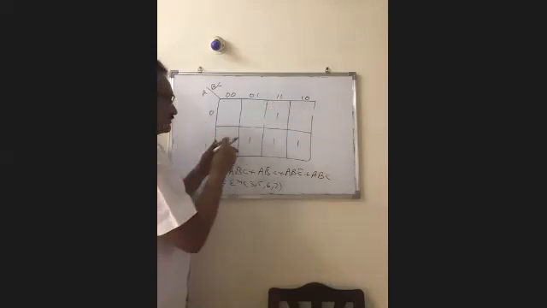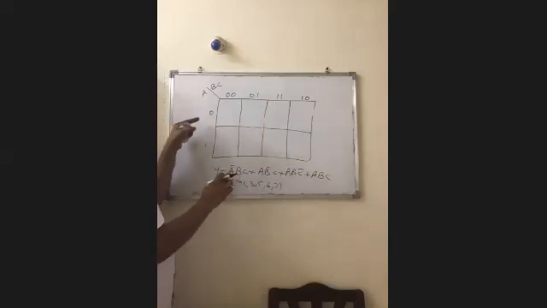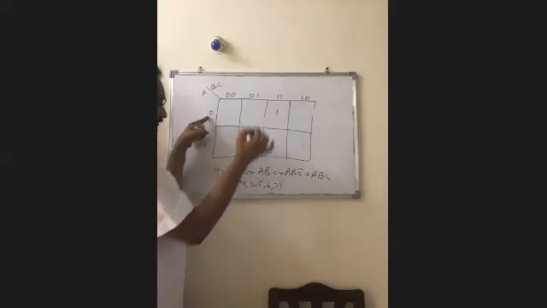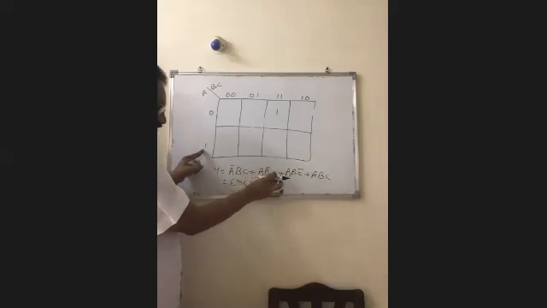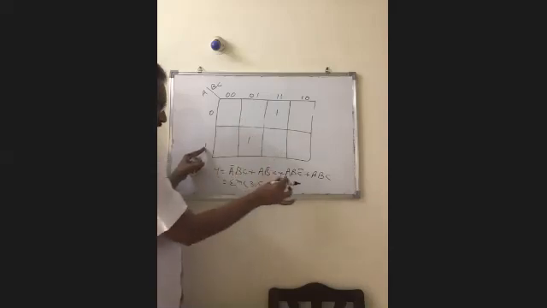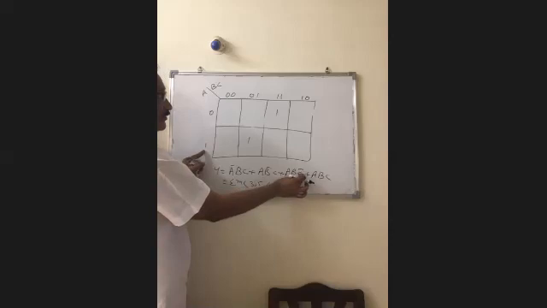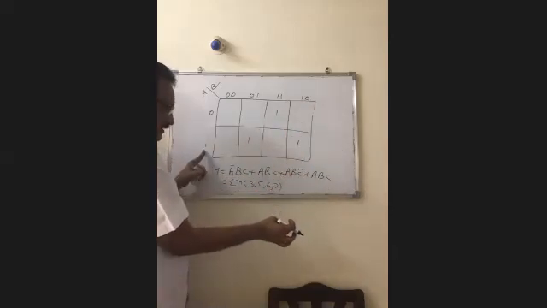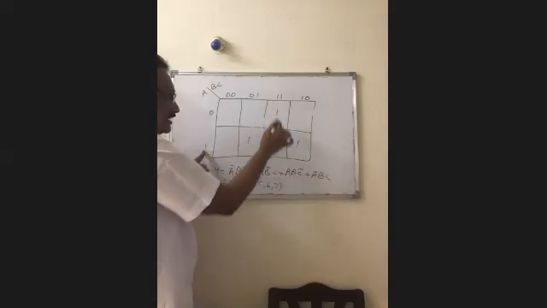Next, A 1, B bar C: 1 0 1, this one. Next, A 1, B C bar: 1 1 0, this one. Next, A B C: 1 in this row, BC in this column. Enter 1.